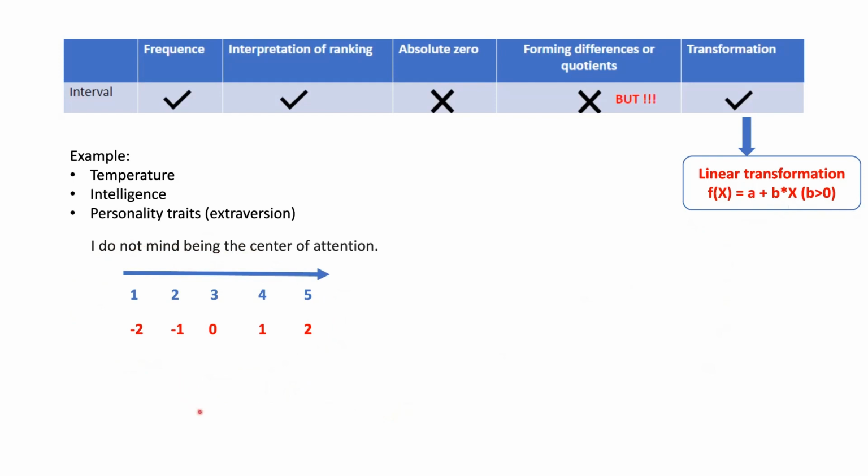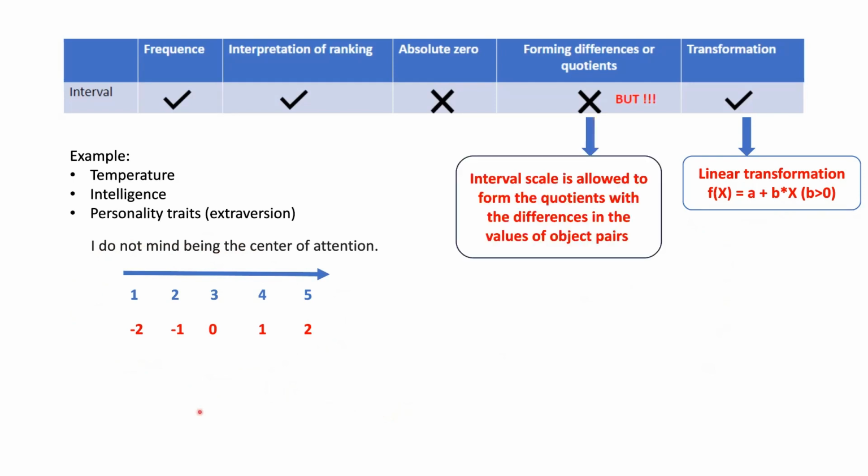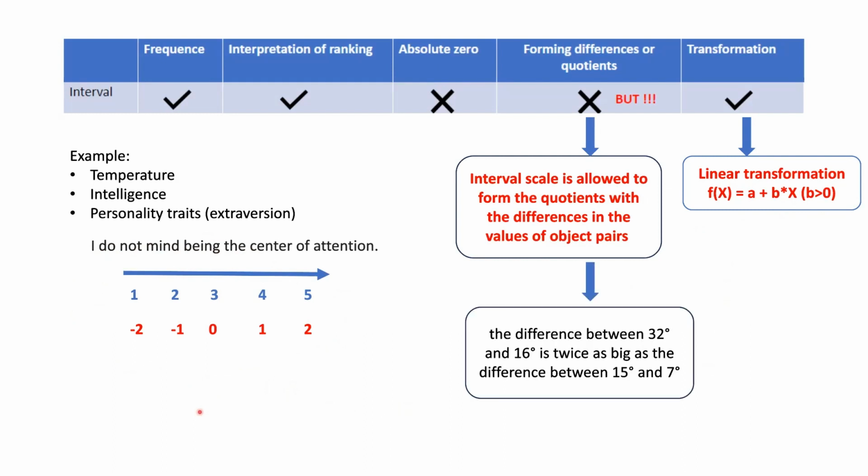In the interval scale, there's also no absolute 0, so we cannot form quotients of the values themselves. But the interval scale allows us to form quotients of the differences in the values of object pairs. What does it mean? For example, we can say the difference between 32 degrees Celsius and 16 degrees Celsius is twice as big as the difference between 15 degrees Celsius and 7 degrees Celsius.